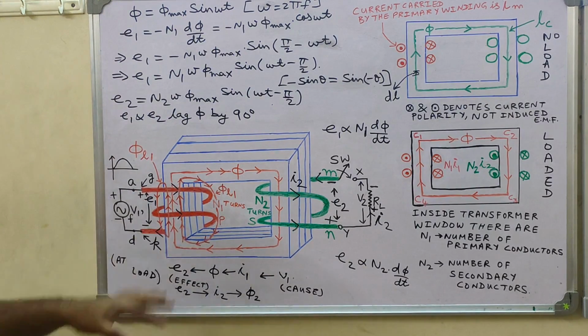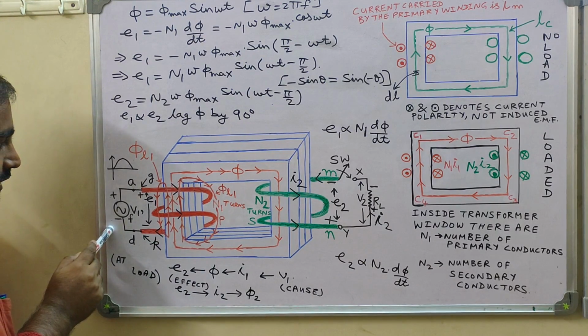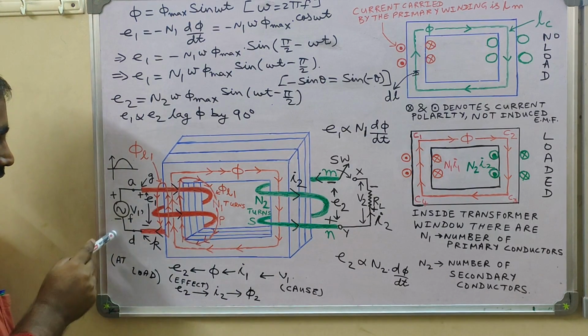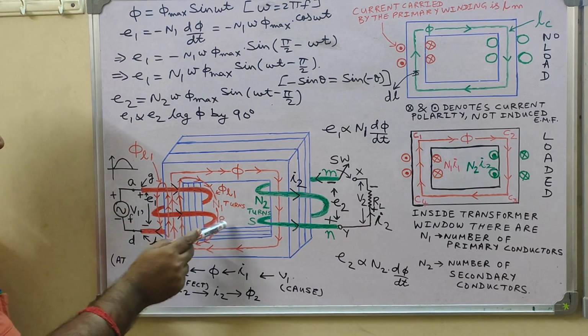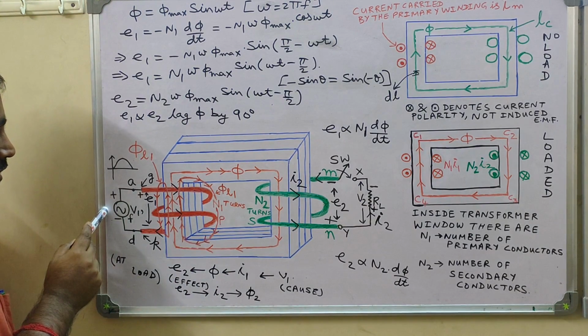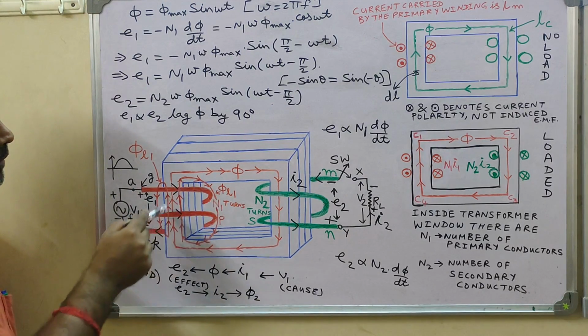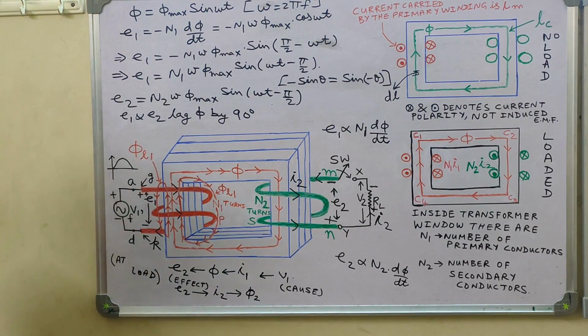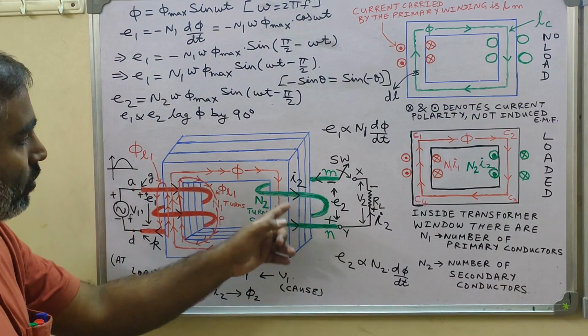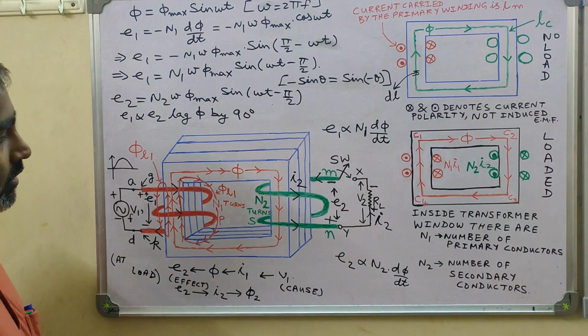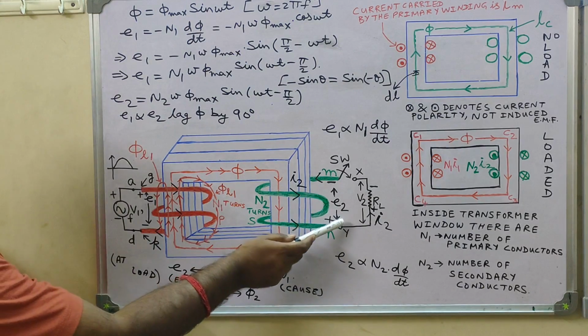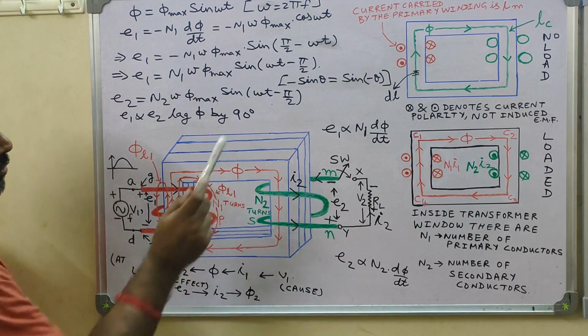Likewise, the voltage source which is connected with the primary coil P is sinusoidal. So the current flowing through the primary coil P will also be sinusoidal. So basically we want to make a concrete conclusion that current I2 flowing through the secondary coil will be sinusoidal, because E2 is sinusoidal and E2 is the cause for I2.